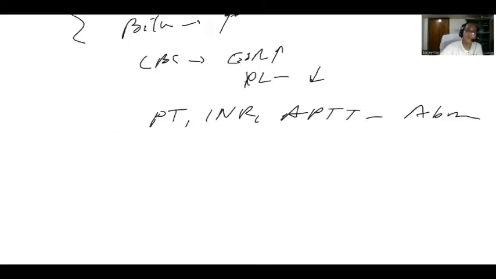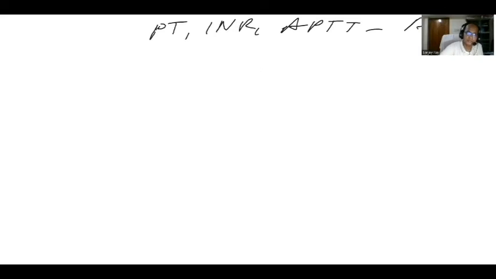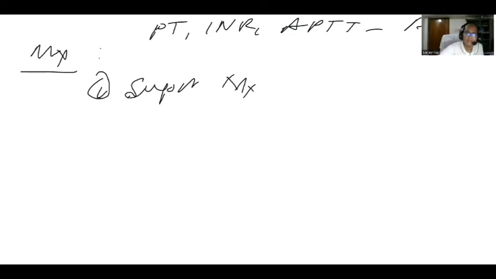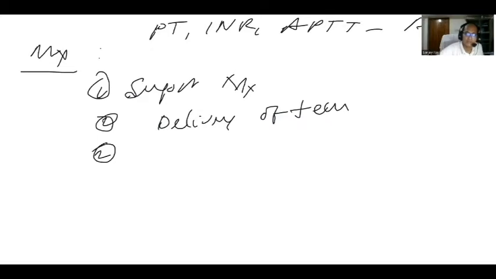So how will you manage this patient with HELLP syndrome? Number one, the supportive management. Number two, delivery of the baby, delivery of the fetus, and before that, if possible, correction or management of hypertension, that is blood pressure.